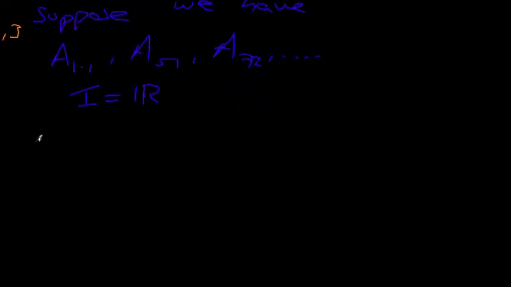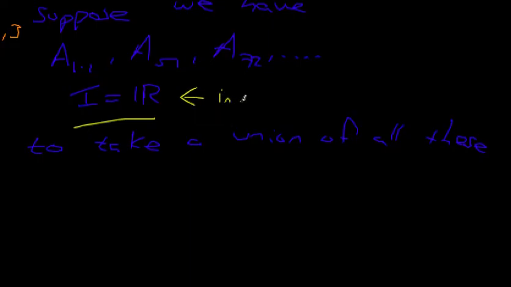So to take a union of all these, we have to take a union over this, which we call an index set. We're just using it here as an index set because it's the index of each of our sets.